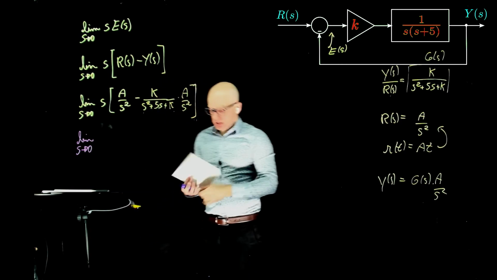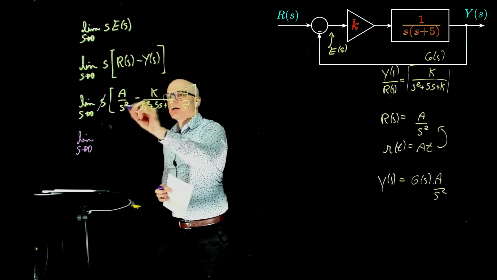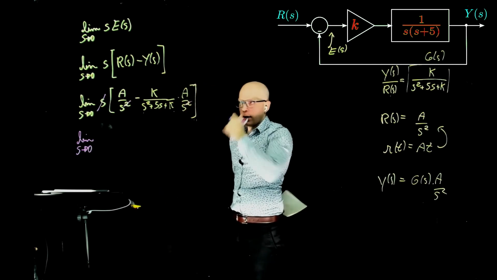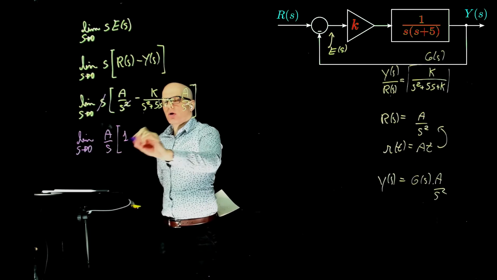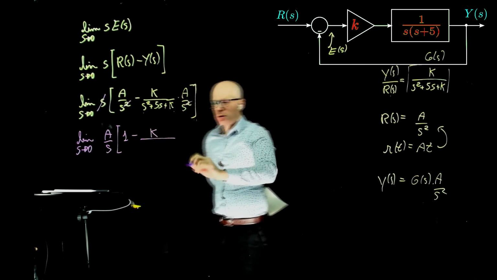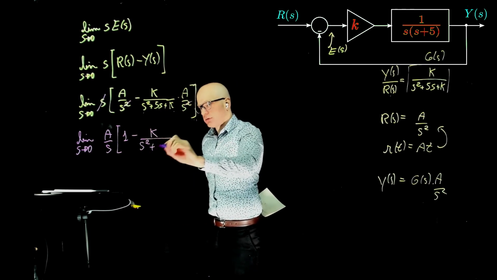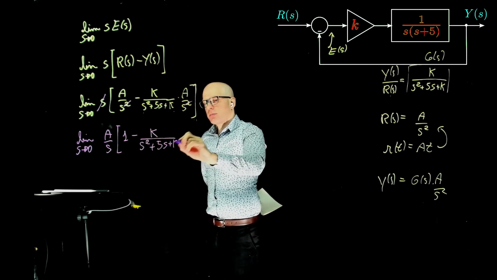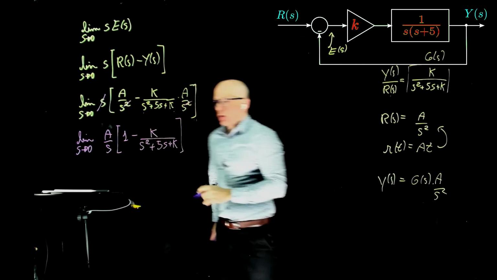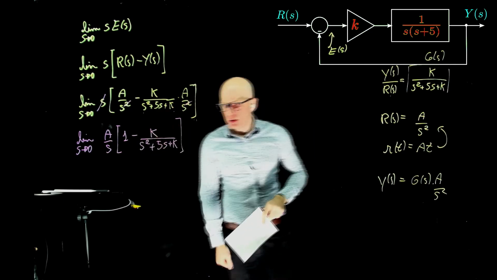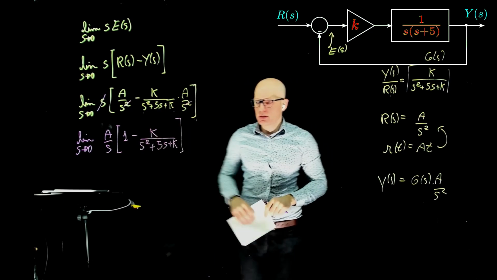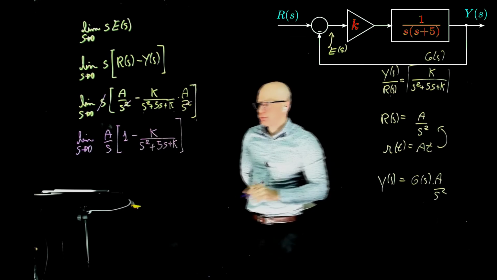We can see that this s here will cancel one power of the s squared, and now a over s can be brought to the front here: 1 minus k over s squared plus 5s plus k. We can't take the limit now because we have s here. This would make everything go to infinity, so we need to work what is inside of the equation first.